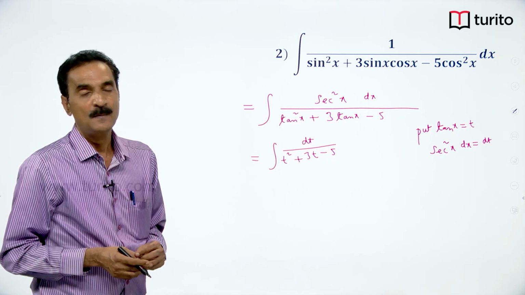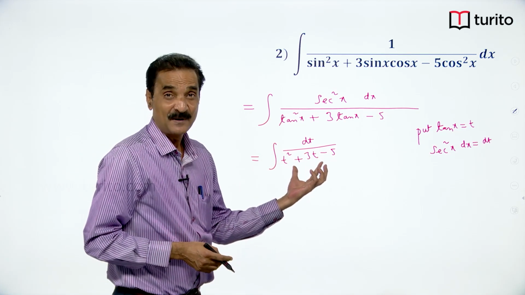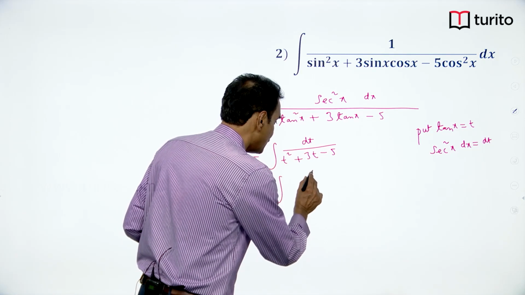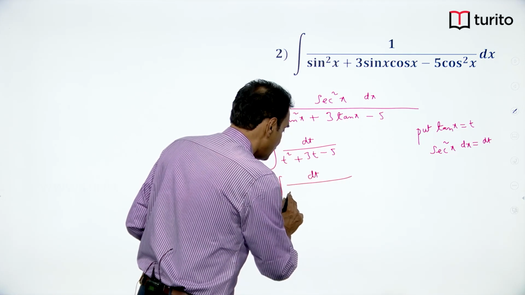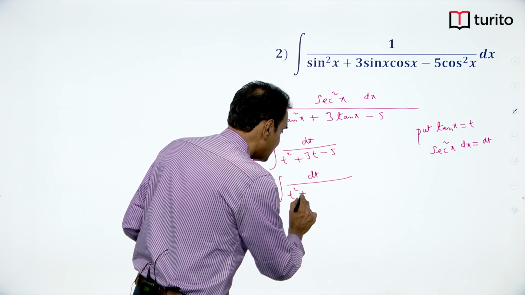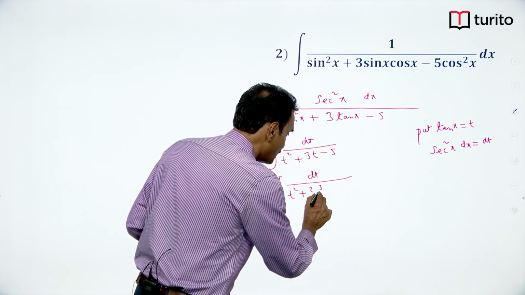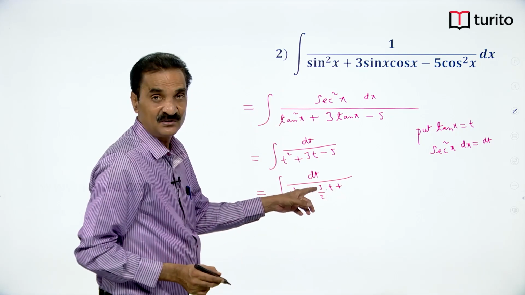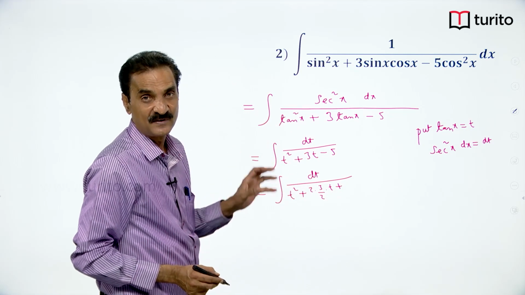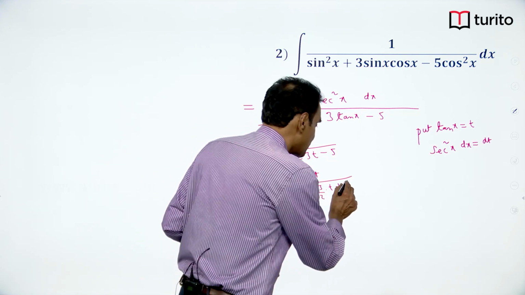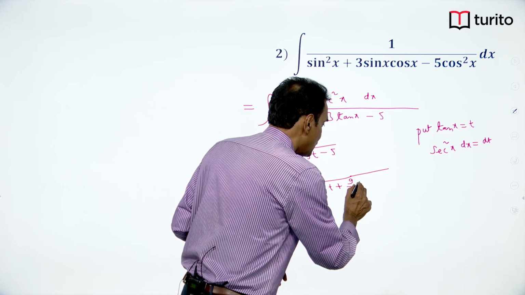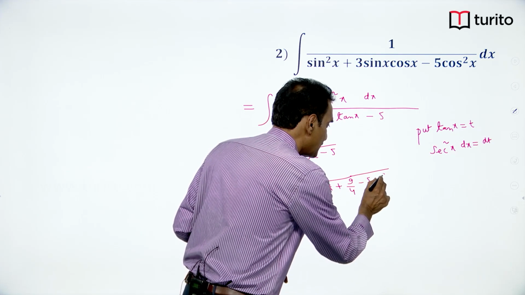So what is the method? We should write the denominator as a perfect square. T square, write 3t as 2 into 3 by 2 into t. Then we should add 3 by 2 whole square to make it a perfect square. What is 3 by 2 whole square? 9 by 4. Then minus 5, we have to subtract 9 by 4.